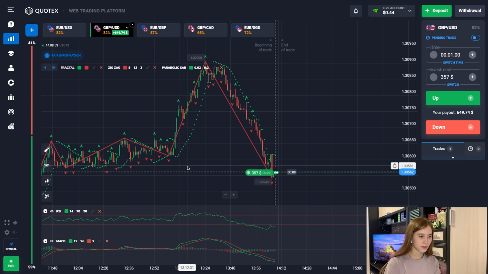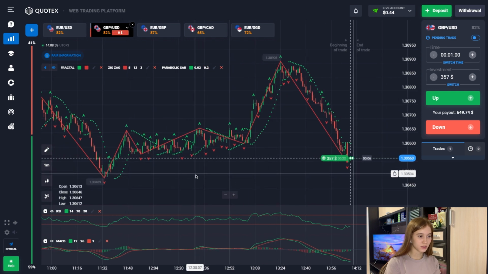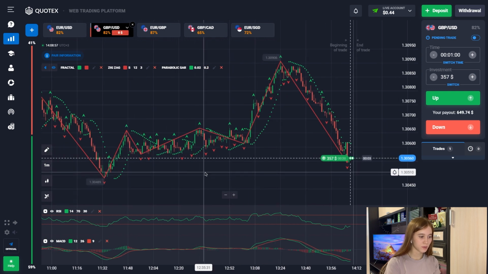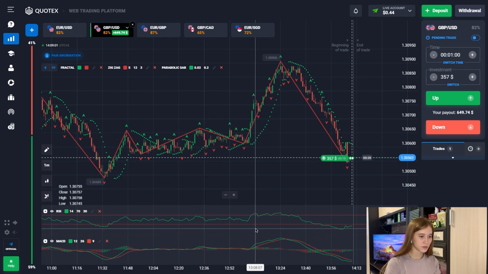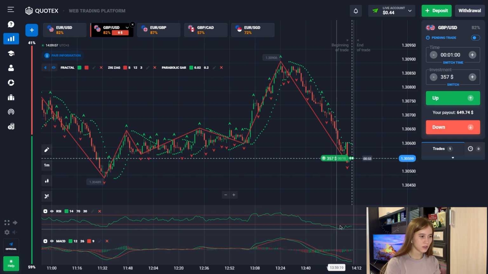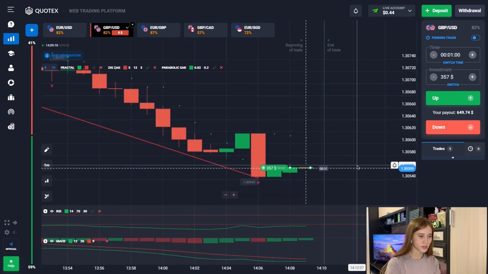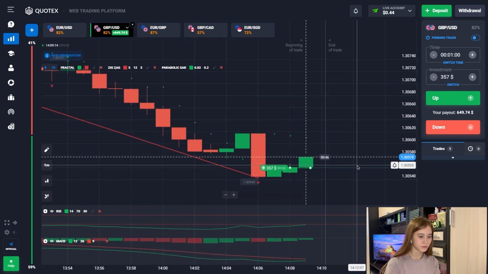Here we see that the level is completely ignored. The price falls. The situation is similar here. This is the strongest level that we observe, and the price does not reach it according to the RCI indicator.